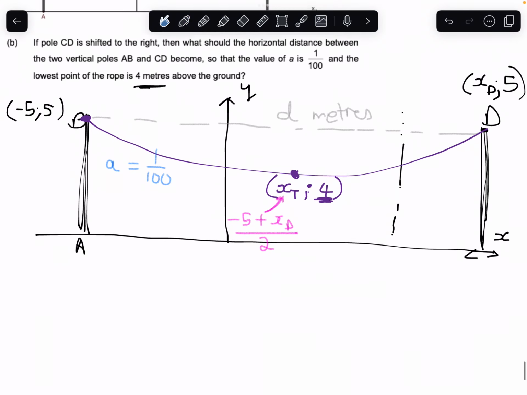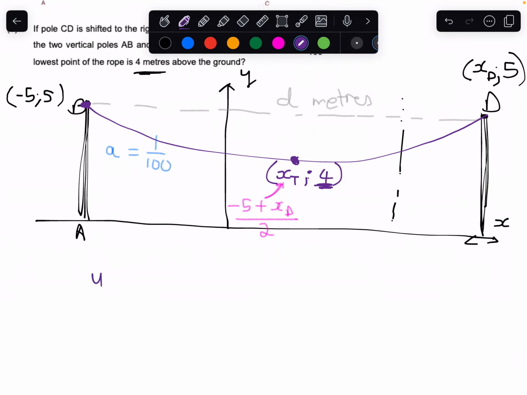So I'm just going to write down what's going on in the new parabola. The new parabola is given by 1 over 100 times (x plus something) squared, and I'll come back to that something. We know that it's a negative thing because xd is going to be bigger than the original x-coordinate of d, meaning that the new turning point is bigger than the original turning point x-coordinate.